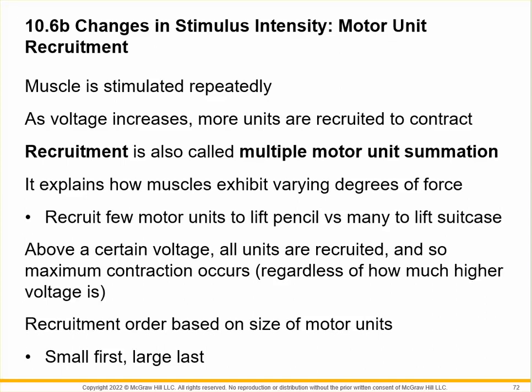If the muscle is stimulated repeatedly, more than one motor unit starts to get the signal and starts to contract. At first, there are very few motor units, and then more and more get called in until we can increase the force enough to move the load.